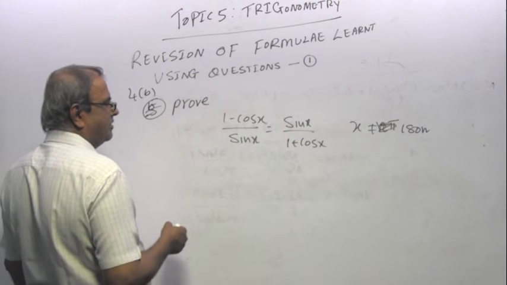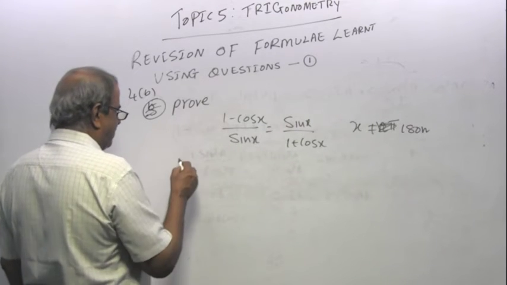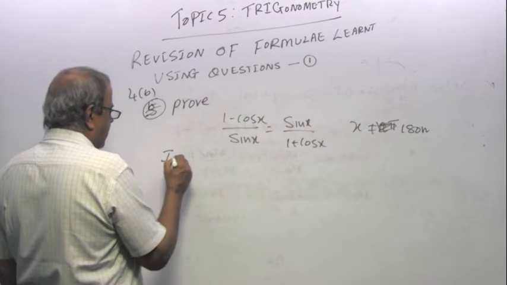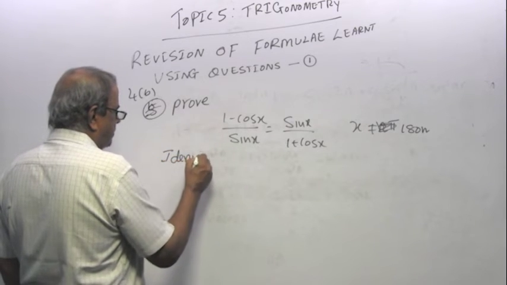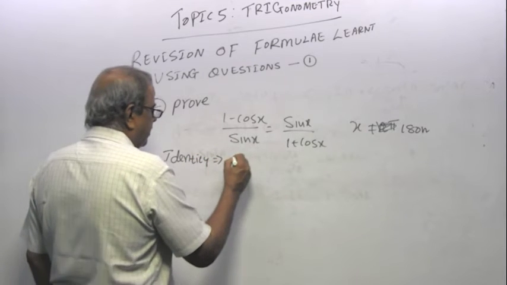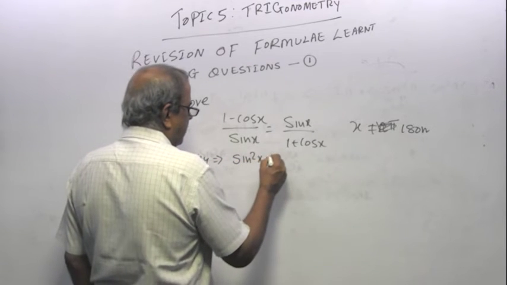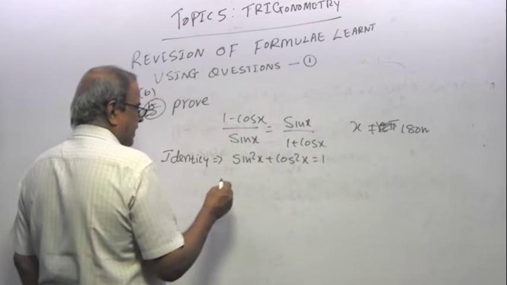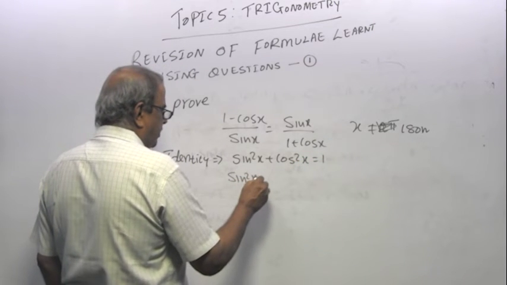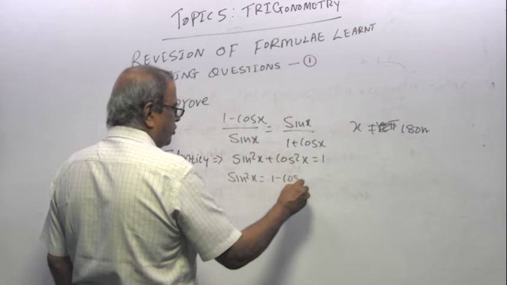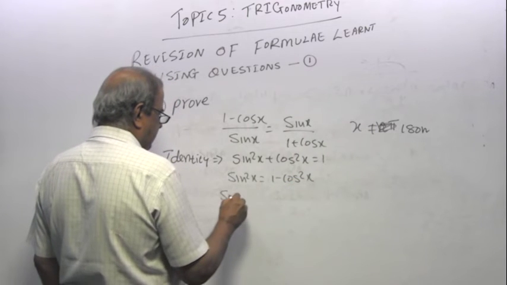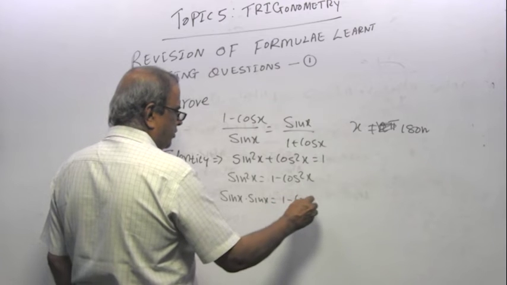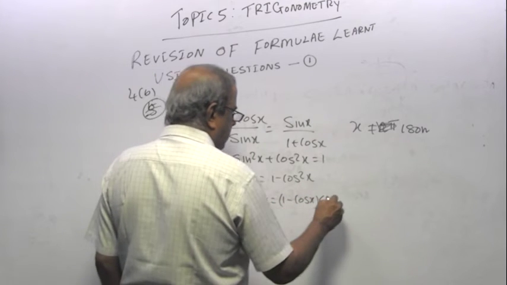How do we prove this? To prove this, can we start with, I'll show you a unique way of proving it. What is the identity? Identity is sine squared x plus cos squared x equal to 1. Can I write this as sine squared x equal to 1 minus cos squared x? Can I write this as sin x times sin x equal to 1 minus cos x times 1 plus cos x?